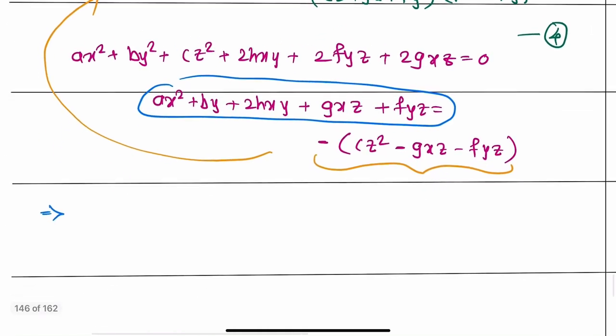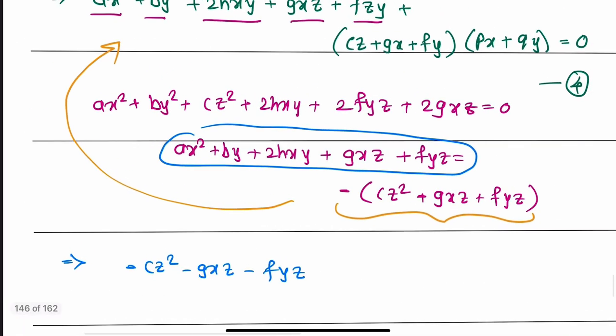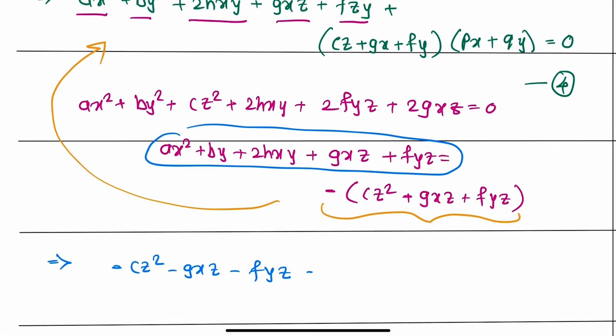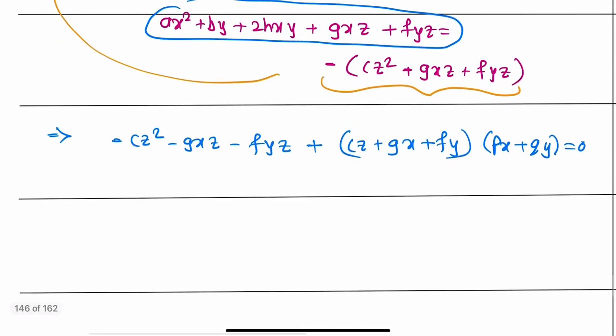This implies minus cz square minus gxz minus fyz plus cz plus gx plus fy into px plus qy equals 0.